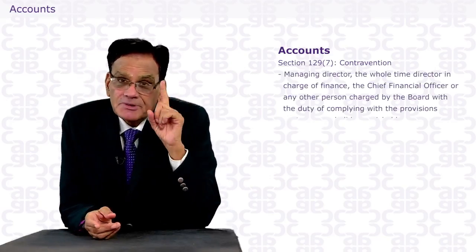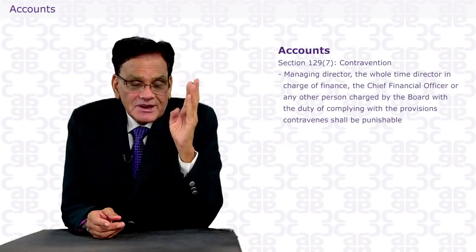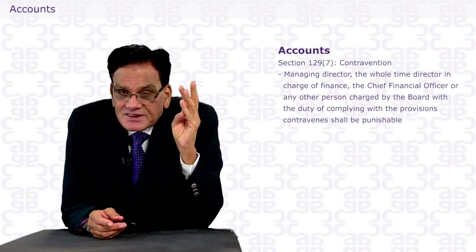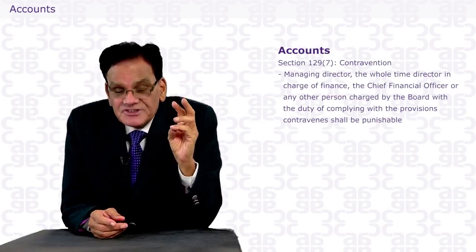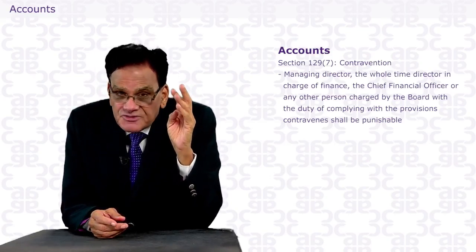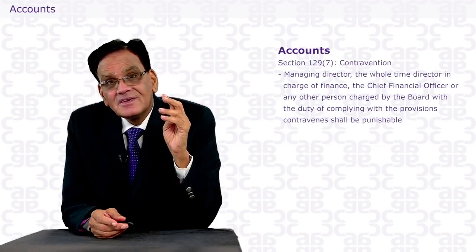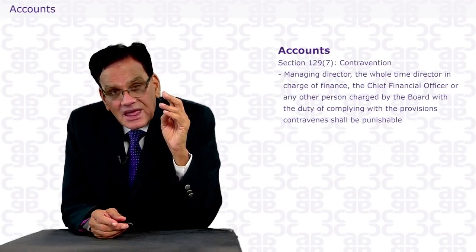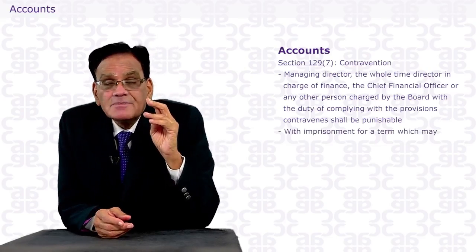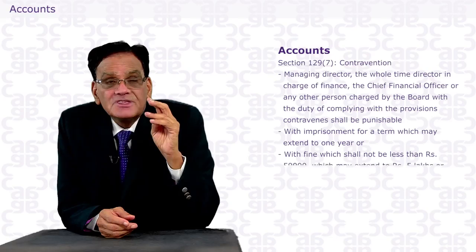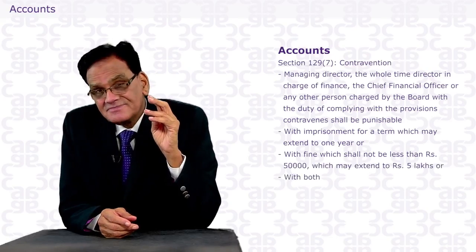Section 129 says, if the company contravenes any provision of this section, then the managing director or the whole-time director in charge of finance, or the chief executive officer or the chief financial officer, and any person who is charged with the responsibility of complying with this section, are liable to a penalty of not less than 50,000, which can go up to 5 lakhs.